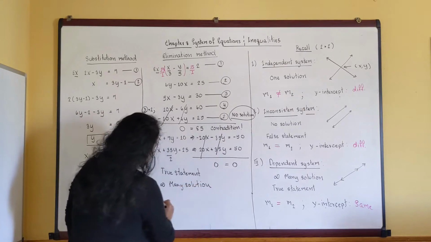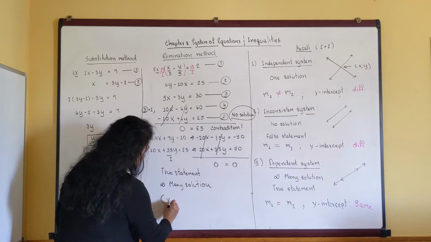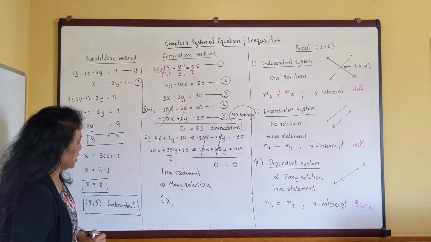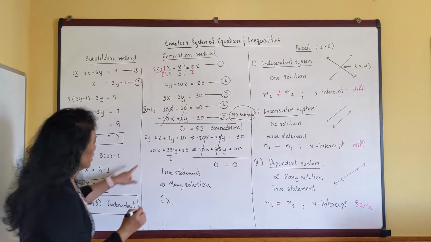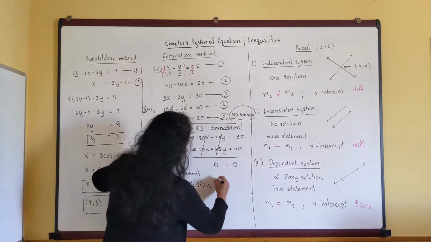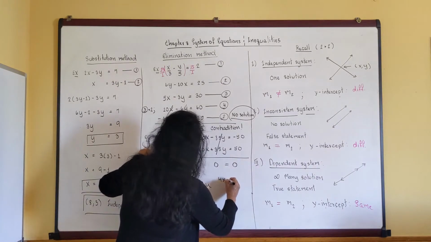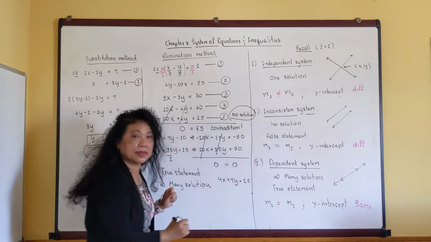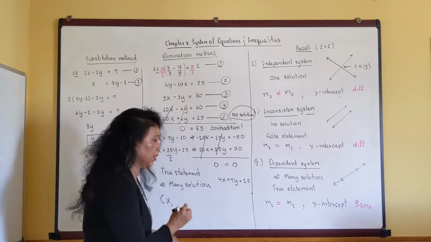So let's say one of the solutions will be x. If you solve for x, you can pick one of them and solve for y. Let's take the first one. Let's say I have 4x plus 7y equal to 10. I want to solve for y in terms of x.